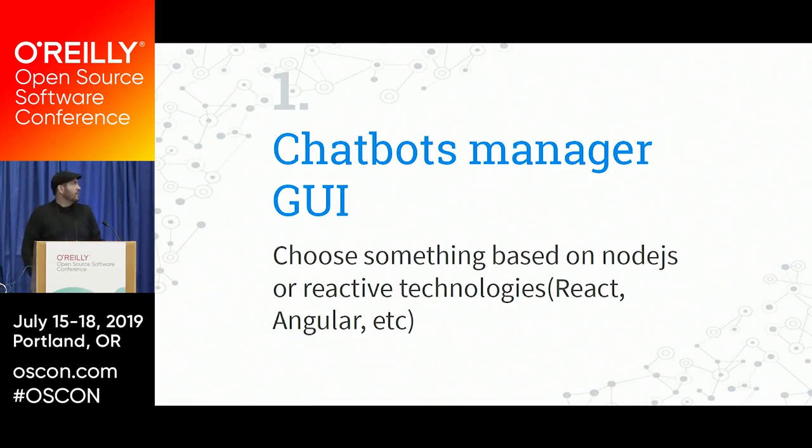So for the GUI, for that chatbot manager, you could choose something like Node.js or reactive technologies. Reactive technologies permit you to show all the information on only one page.